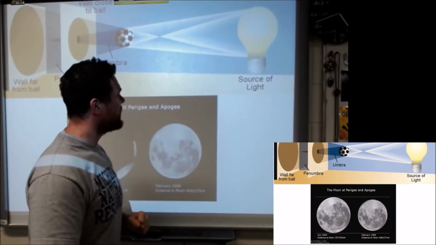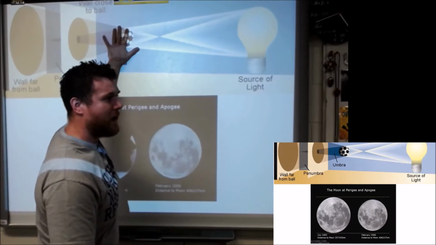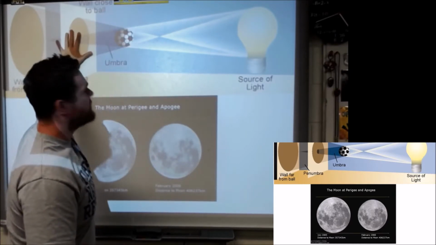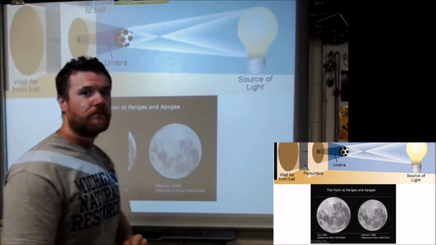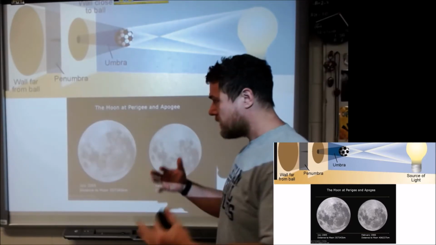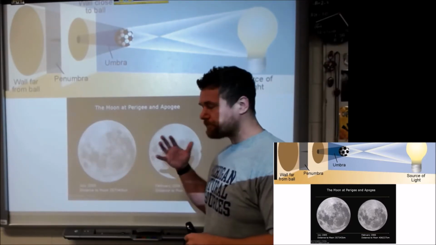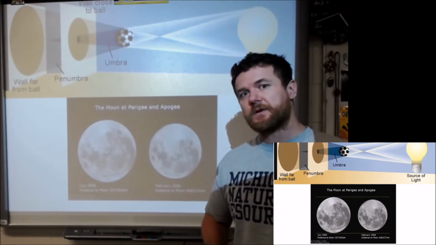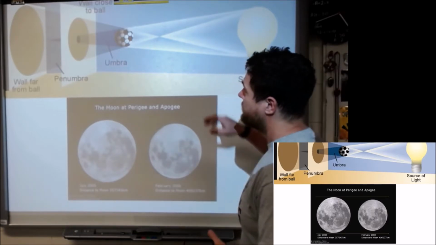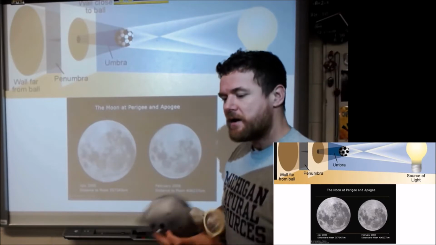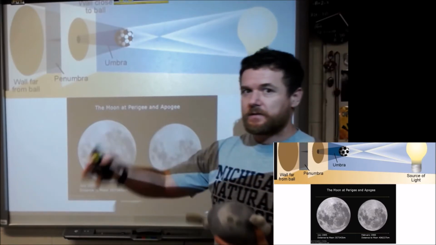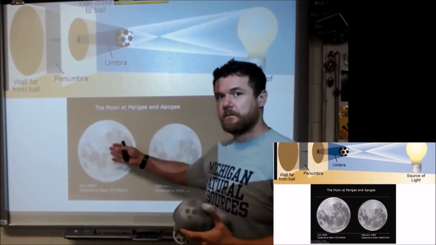This is going to represent the sun, and then we have our moon. This is the surface of planet Earth. If I was going to create an eclipse in our room on this wall, I would have a single light source, and I would have something to cast a shadow, and then I would have a surface that shadow is being cast on.